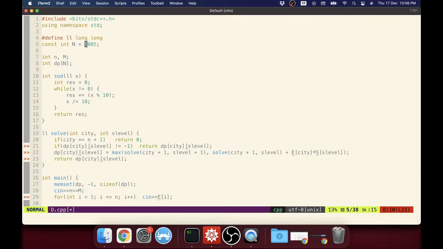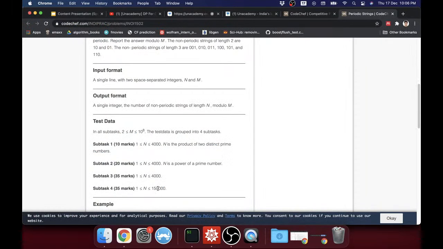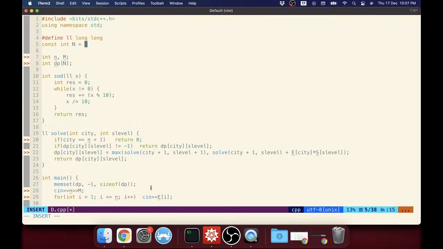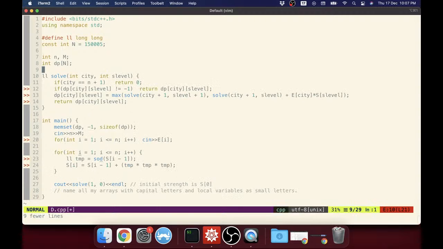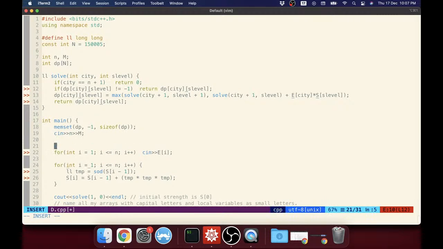And our constant should be something like what's mentioned here. Right. Some of this function is not useful to you.